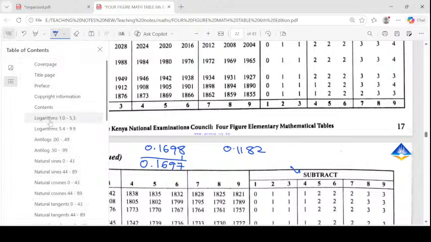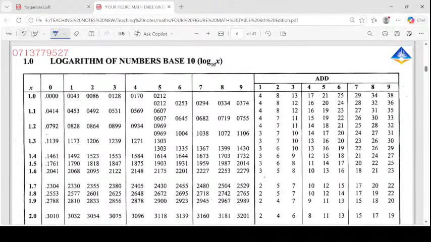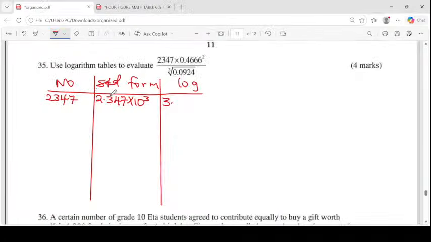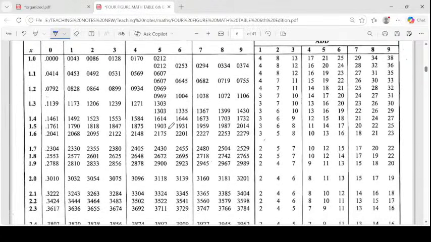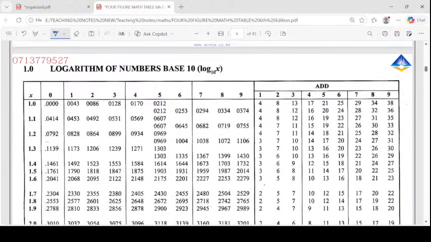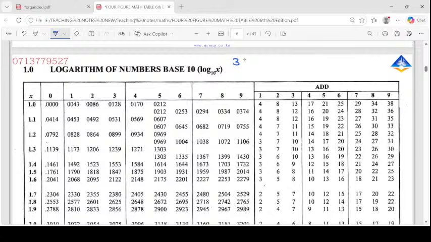Tables of natural logarithms. We want the log of 2.347. We go to 2.3. 2.3 is here. 4 is here. We have 3692.